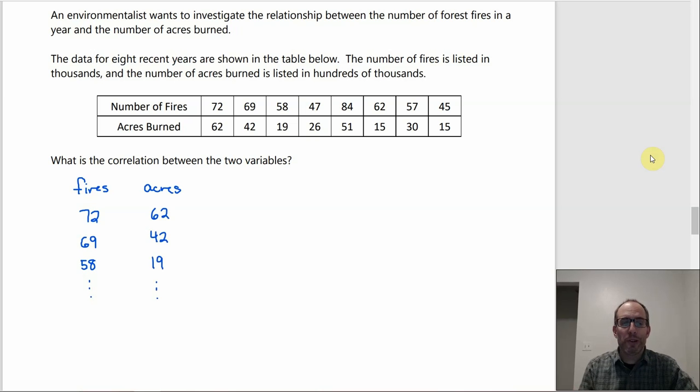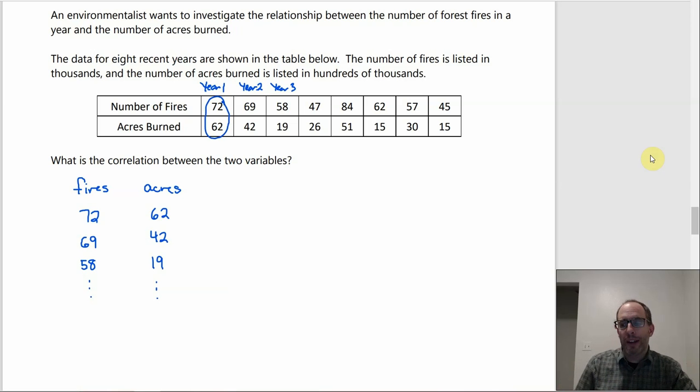The one thing that's really important here is don't change the order at all, because each column in this original table represents a different year. So this is year 1, the second one is year 2, the third one is year 3, and so forth. I think this goes up to year 8. But the 72 and 62 need to go together; they need to match up.